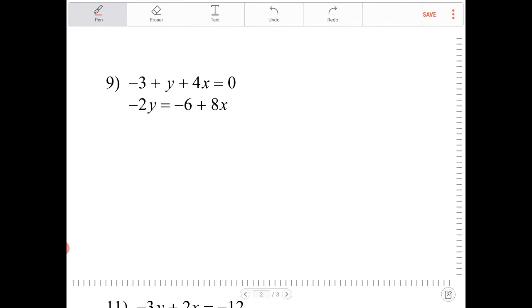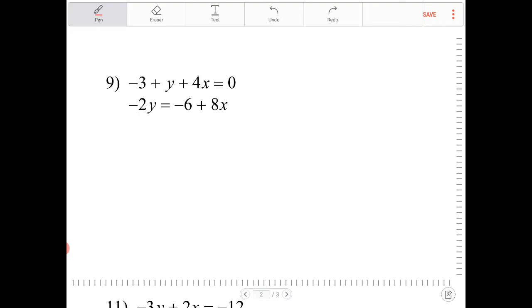Let's take a look at the next one here. All right, so this equation is really not set up for substitution or elimination. Quite frankly, a lot of times, in my opinion, it is actually easier to solve a system of equations by elimination.